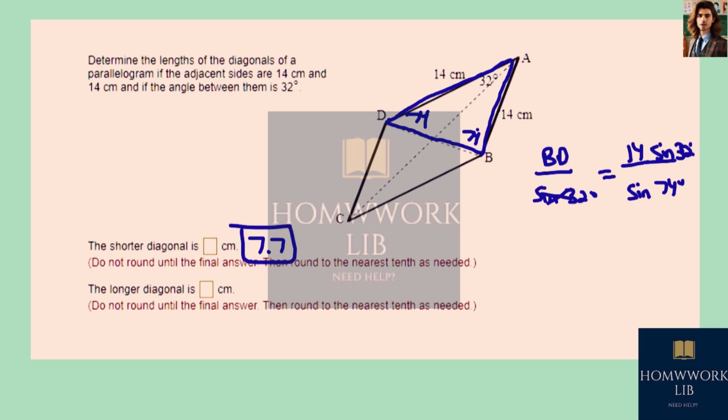We can play this same game with the longer diagonal.